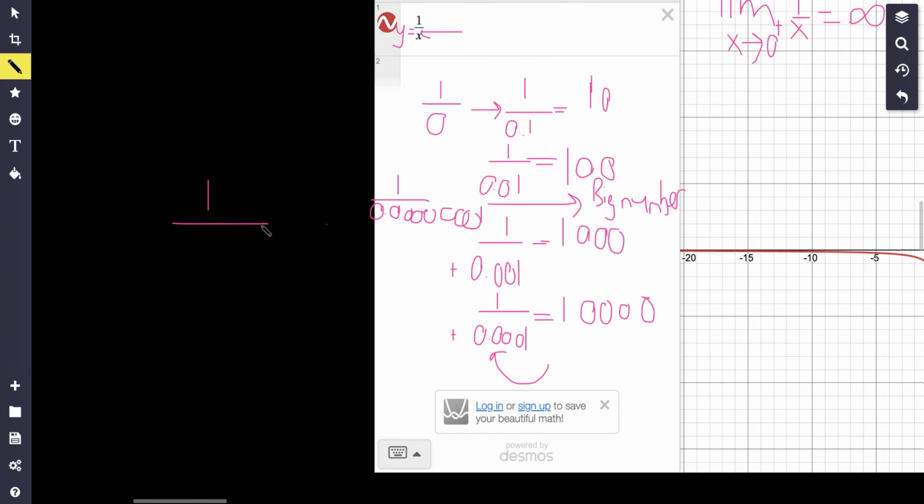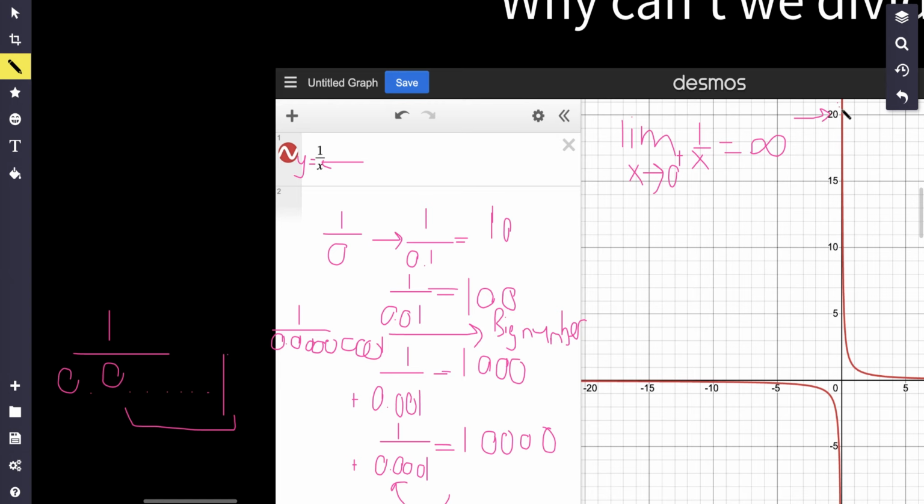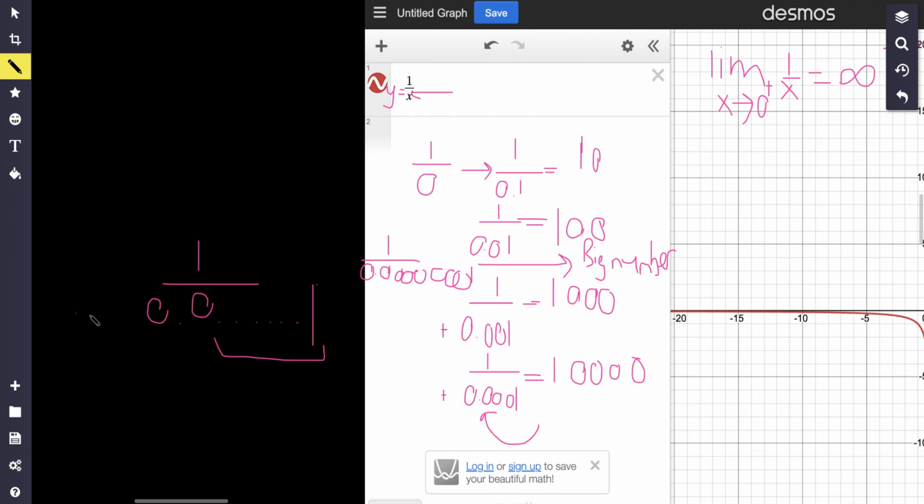Imagine how big the number would be if I had an infinite amount of zeros and then just a 1 at the end. This would be a very, very big number, and it would just keep getting bigger because you can always add more zeros into this fraction.